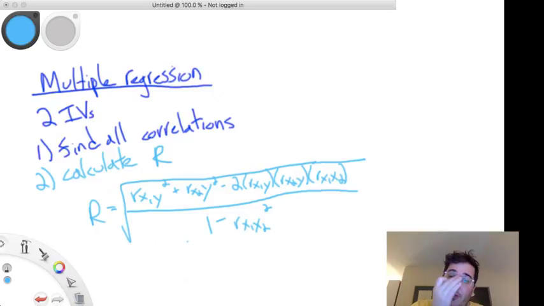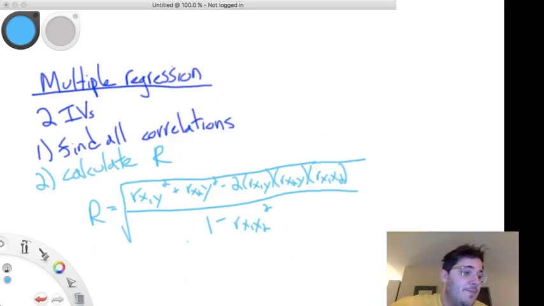So that's multiple R. And what that's telling you is how both IVs together, not accounting for the overlap, correlate with your outcome. And you want to do a significance test for this.